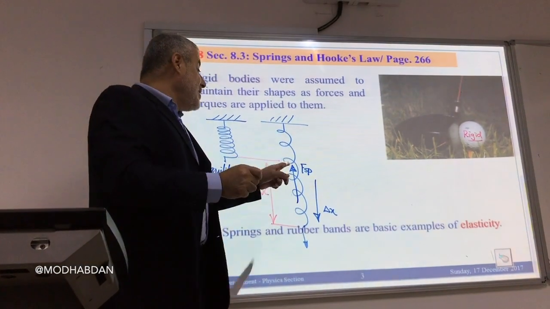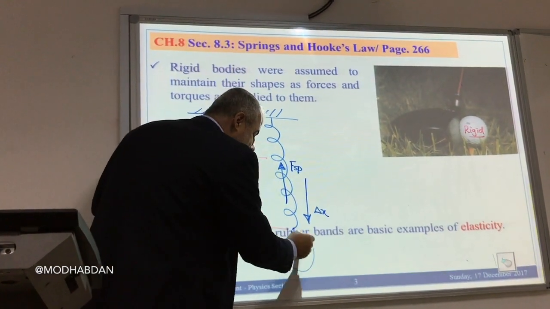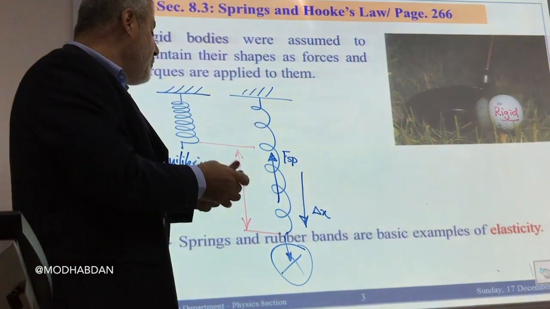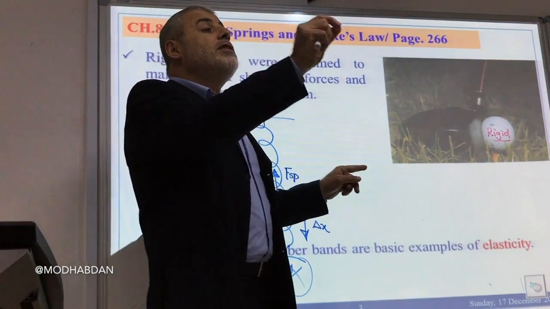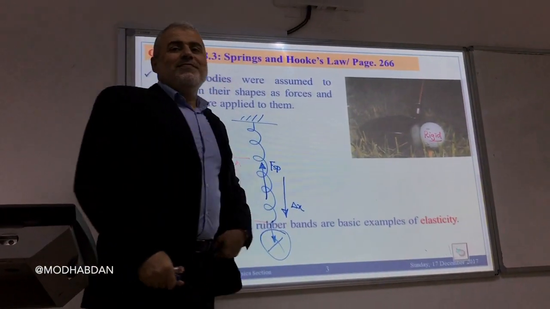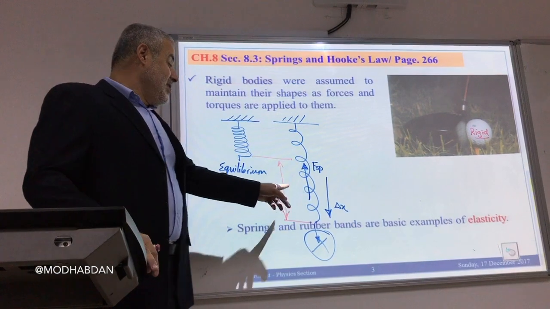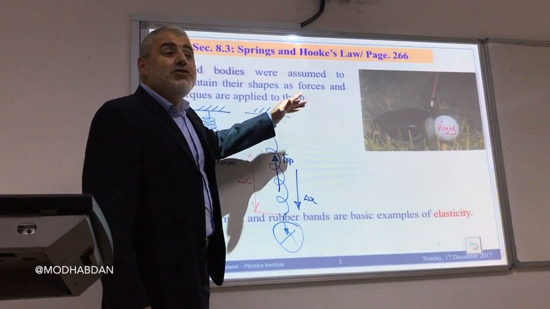So this force I'm going to call the force of the spring. Pay attention, Shabab. This force is not your force. Suppose you are suspending something here, I don't care about this one. This is called the restoring force, which is generated inside the spring. Now, if we remove this, what happened? It will go back, due to what?